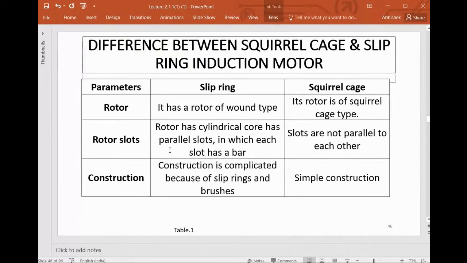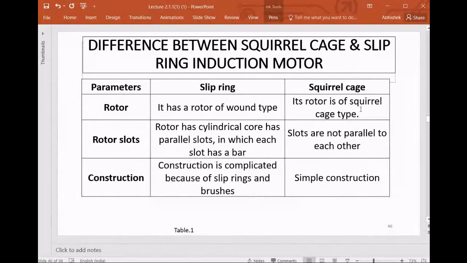So this slip ring has parallel slots, whereas in squirrel cage the rotor slots are not parallel to each other. Then construction: the construction is complicated. As you have seen, you have to connect the slip ring to the shaft. So its construction is somewhat complicated as compared to the squirrel cage rotor, because of the slip rings and brushes.